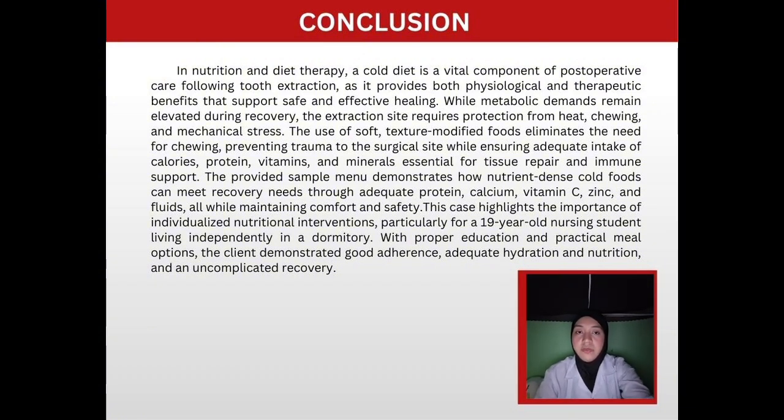Fruits rich in vitamin C support wound healing, and dairy products provide calcium for bone healing. Proper hydration was also recommended and maintained using cold fluids while avoiding the use of straws to protect the extraction site.